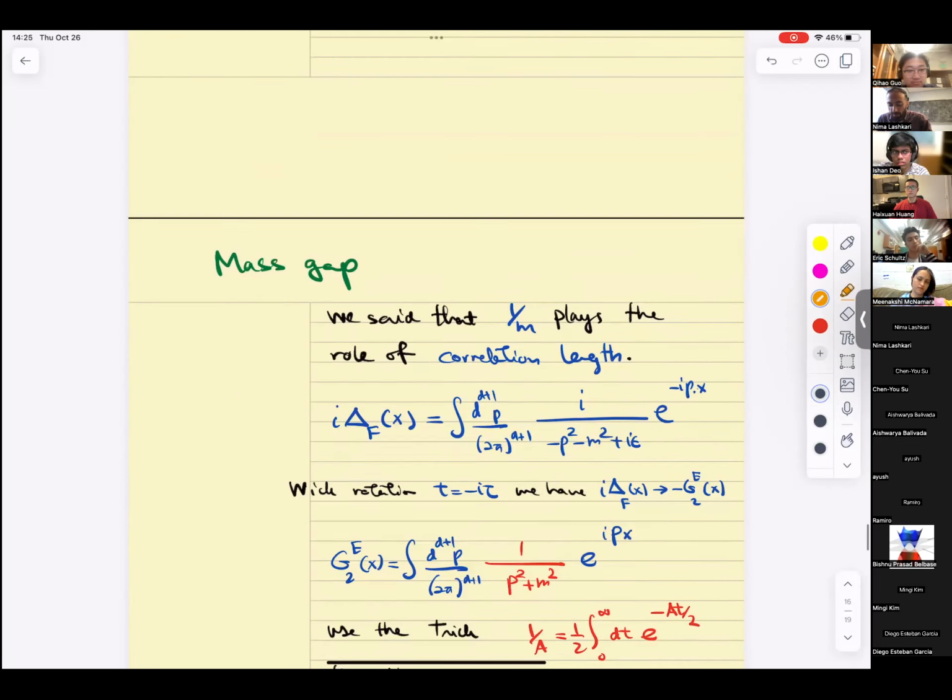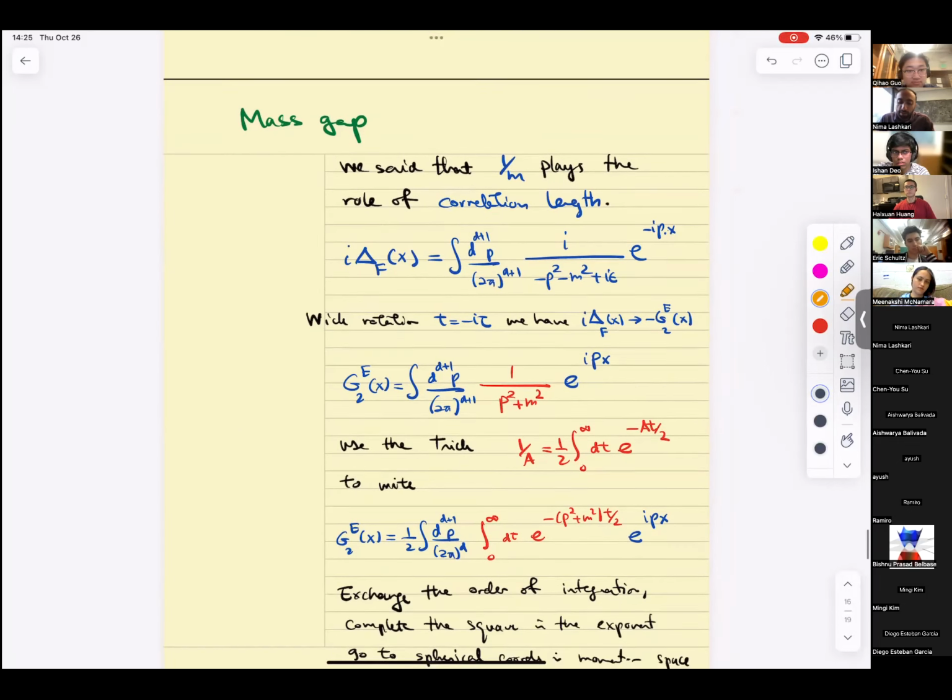So in the remaining time, I also want to comment on the mass gap. I said this earlier when we were calculating the 2-point function in canonical quantization, and when we looked at the 2-point function separated in space, we saw that in massive free scalar fields, it falls off exponentially fast, like e to minus m x.